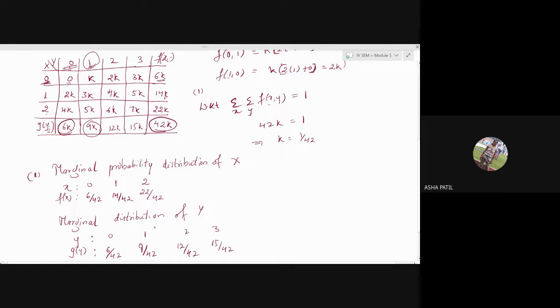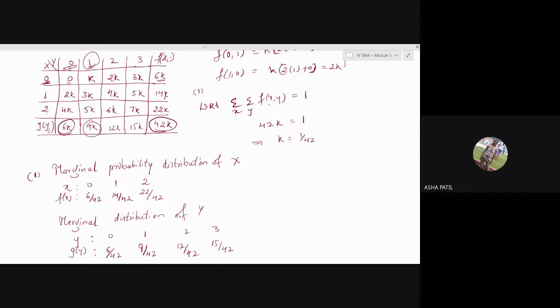Show that the random variables are dependent. How to show that the random variables are dependent? Covariance of xy should not be equal to 0. Won't it become a very lengthy procedure?